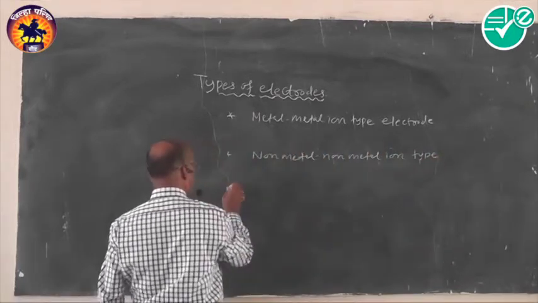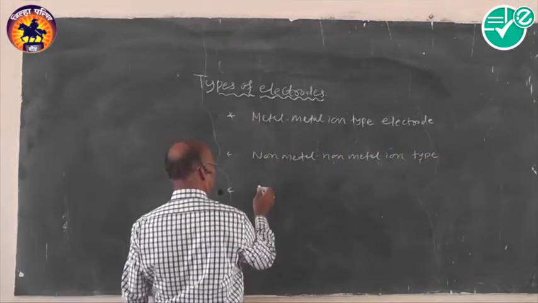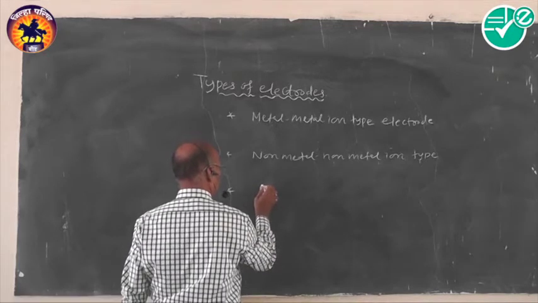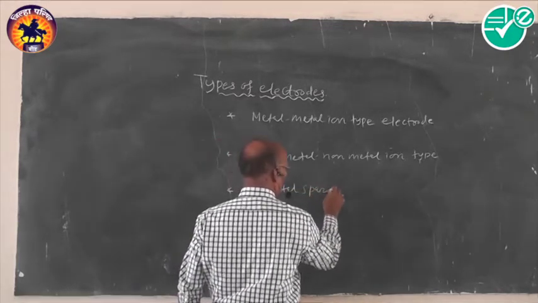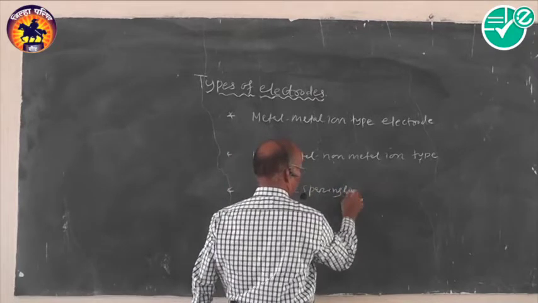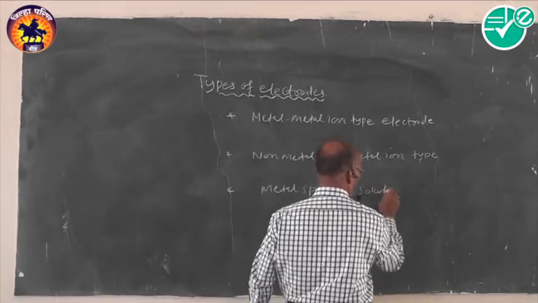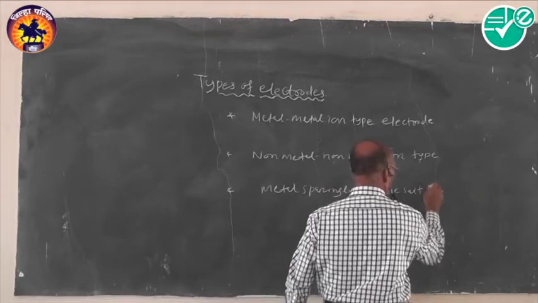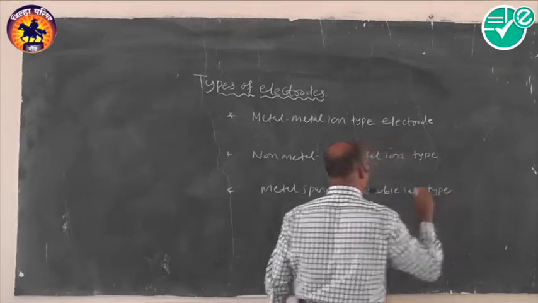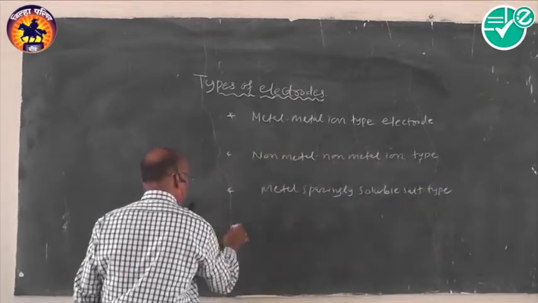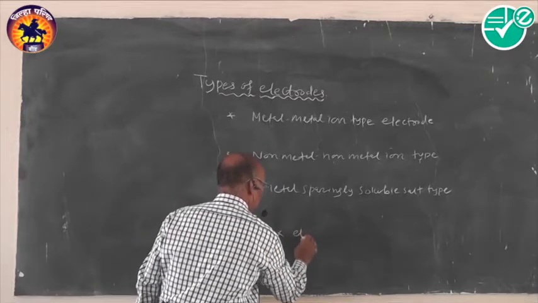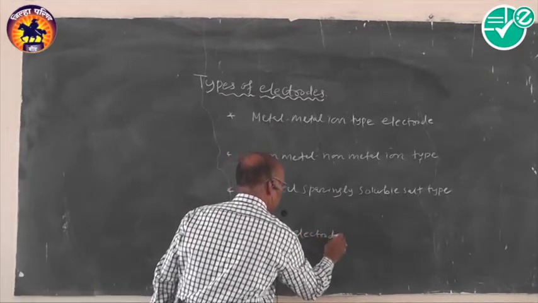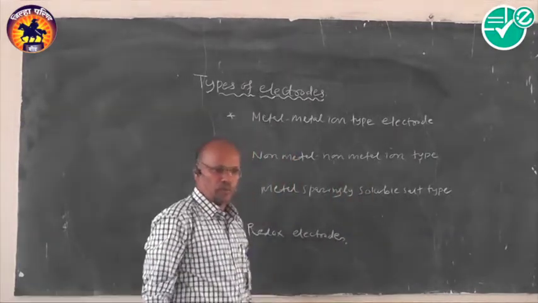Number three is the metal sparingly soluble salt type electrode, and the last one is the redox electrode. So we have four kinds of electrodes, mainly depending upon the composition.